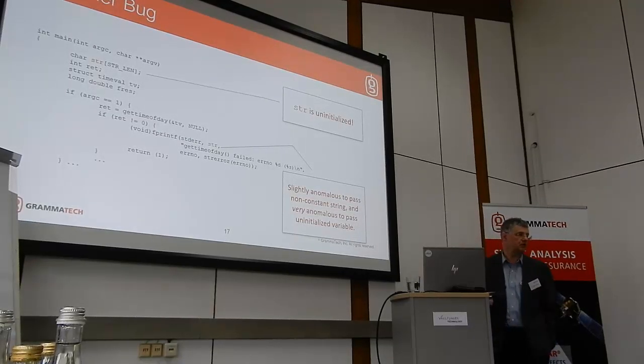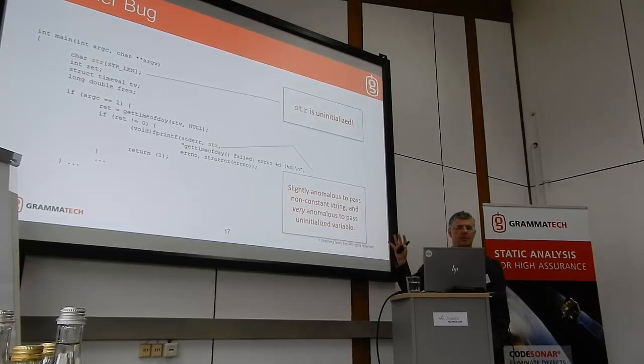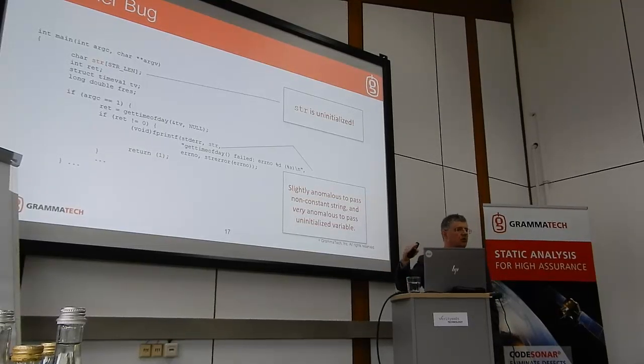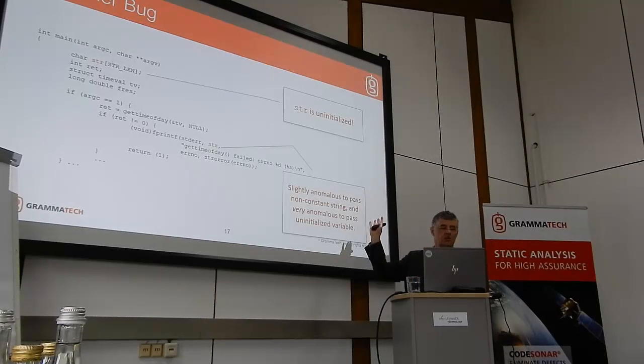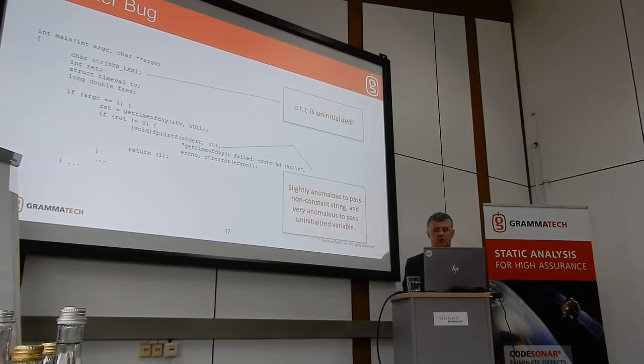But clearly there's a bug. And this also illustrates that the kinds of bugs that static analysis is really good at finding are those which occur along rarely executed paths of code. So probably this code was tested thoroughly, maybe, but it's really, really difficult to test code that checks every error path. So that's probably why this lasted so long.